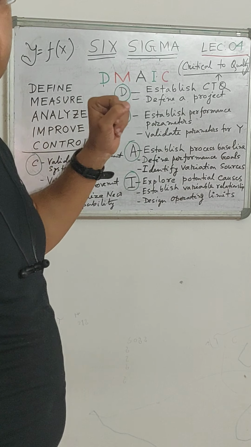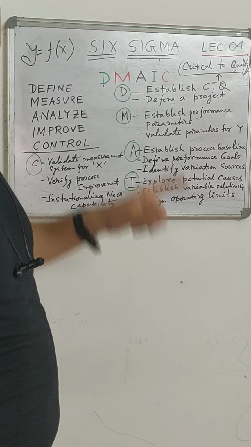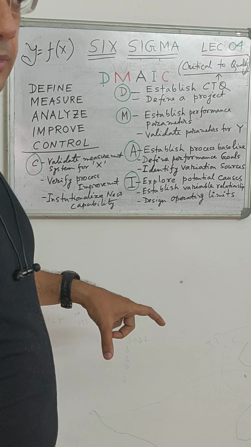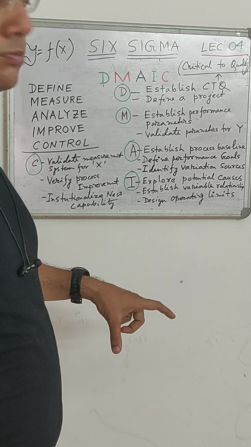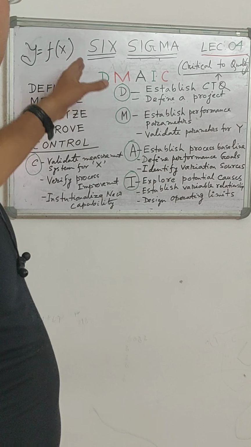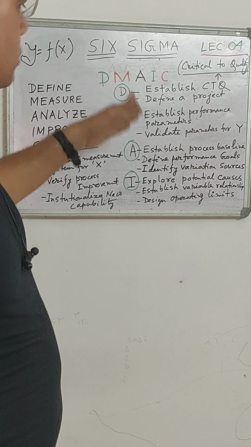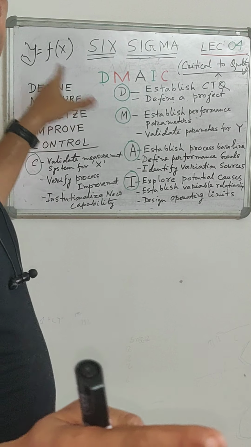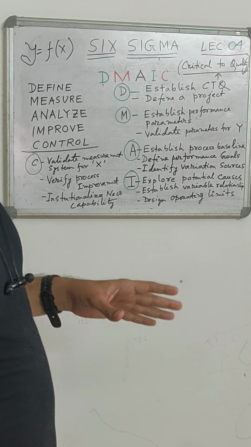These are all x's. And the final y is one specific quality of the steel bar or some kind of product. So there will be a relationship between all x's and y. In the analyze section we will define how my y is related to each individual x.